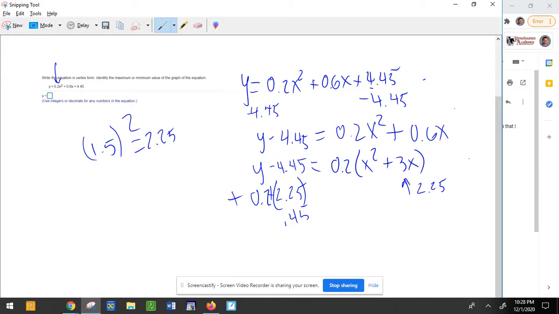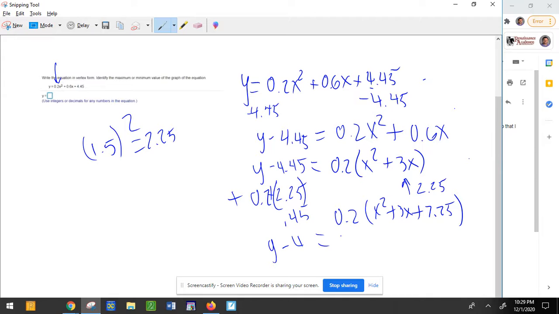Because when I add negative 4.45 and 0.45, you just get y minus 4. And on the right side here, we have the 0.2 times x squared plus 3x plus 2.25.